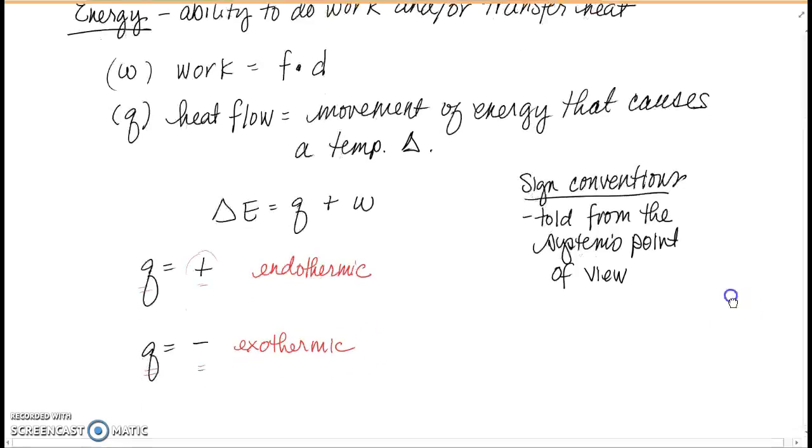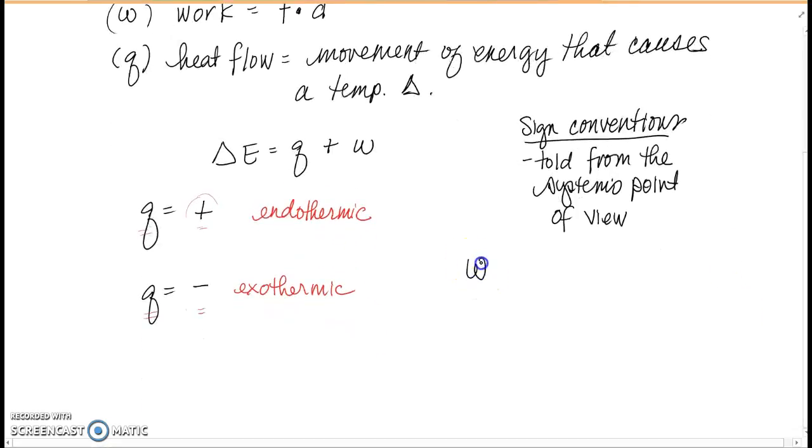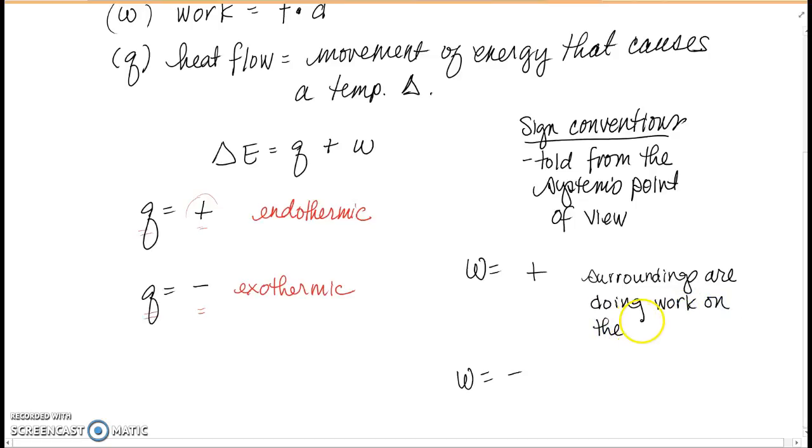Well, the same conventions are going to apply with work. So work could be positive or work could be negative. And again, it's based on the system's point of view. If work is positive, that means that the surroundings are doing work on the system. It's almost like the system's gaining work.